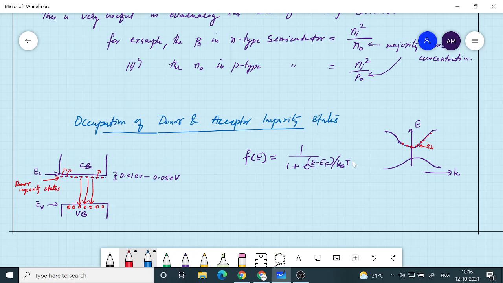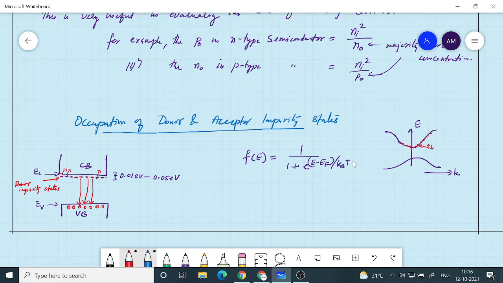But in these donor states, you can only put one electron, because once you put one electron, whether it is upspin or downspin, you can't put any more electrons there. There is no vacancy for two electrons. That would violate charge neutrality, because the impurity atom has 5 electrons, and the 5th electron is what gives rise to this.